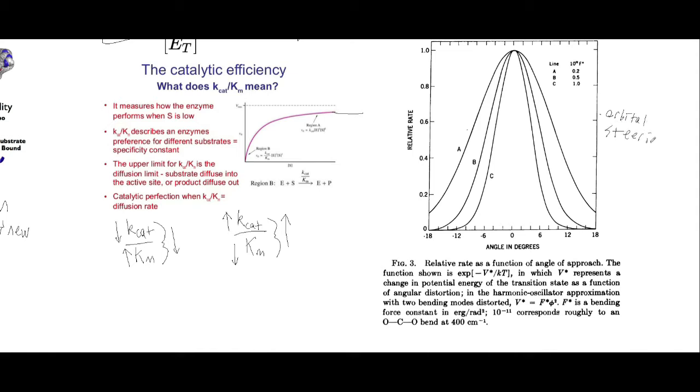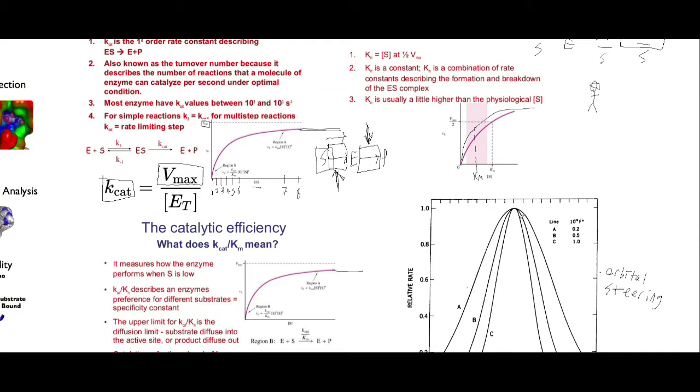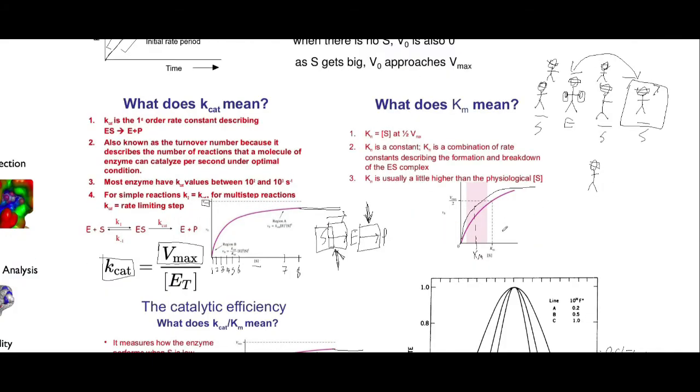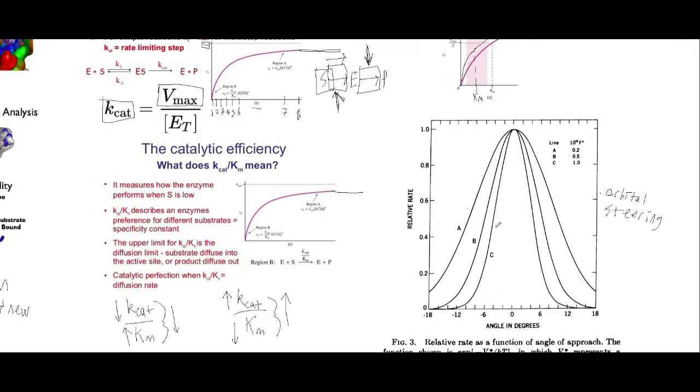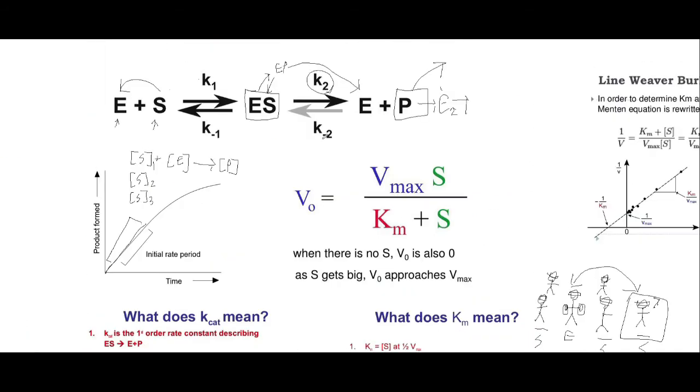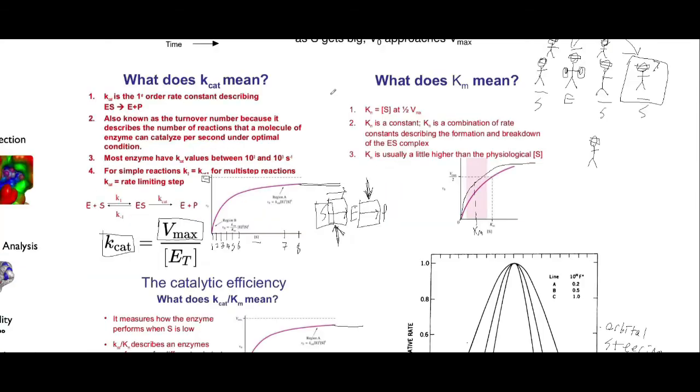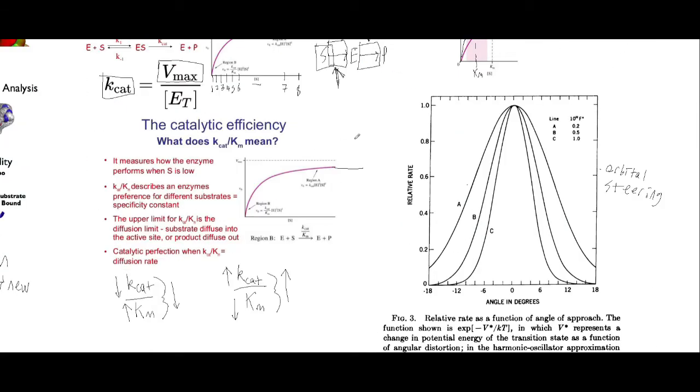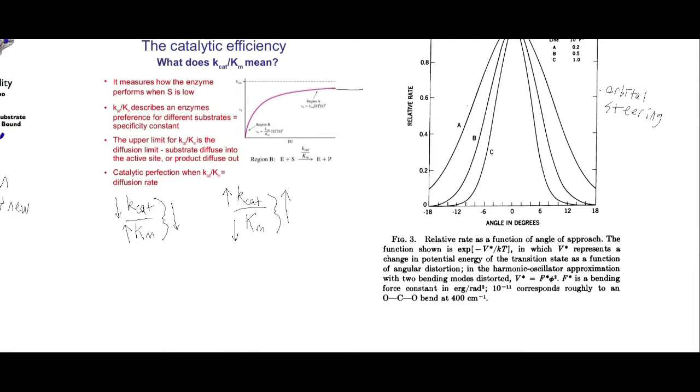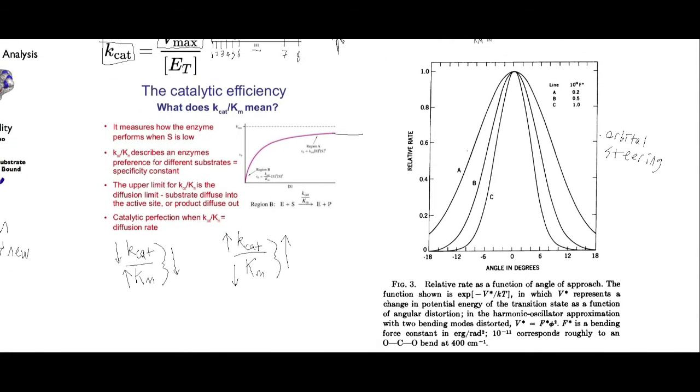And it's probably the main thing that controls the catalysis step, that controls this K2 up here, which is kcat. K2 is the same as kcat. And so the thing that controls that is this thing called orbital steering. And that has to do with the way that your substrate is aligned inside the active site.